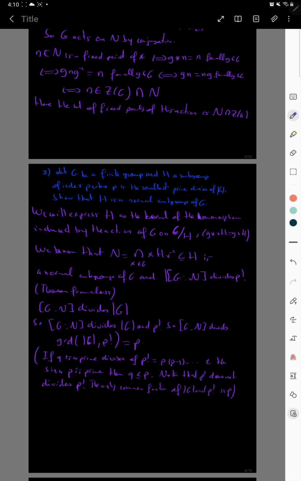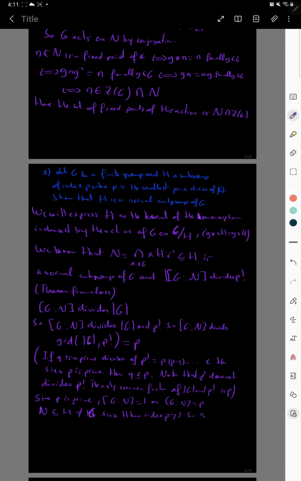Now, since p is prime, |G mod N| is 1, or |G mod N| is p. Now it can't be 1, since N is contained in H, and H is different than G, since H has index p bigger than 1.